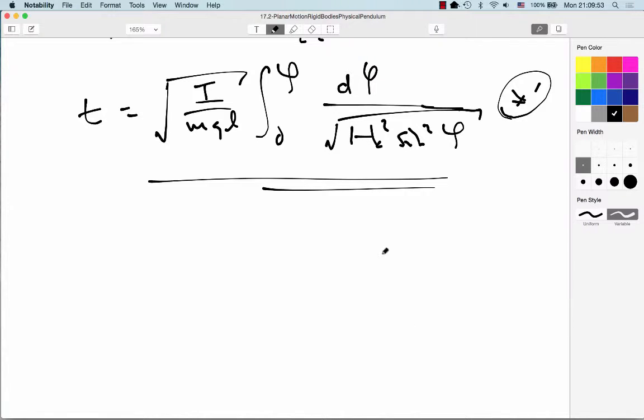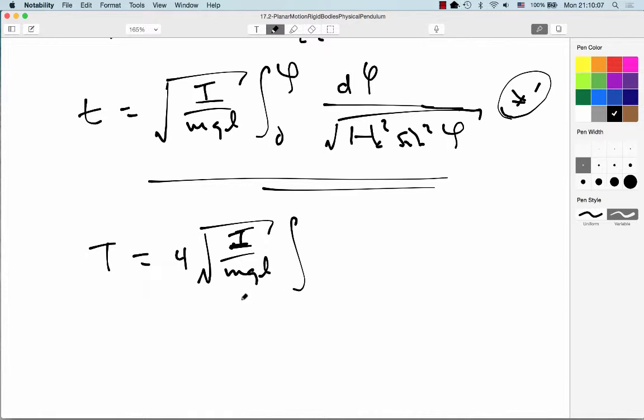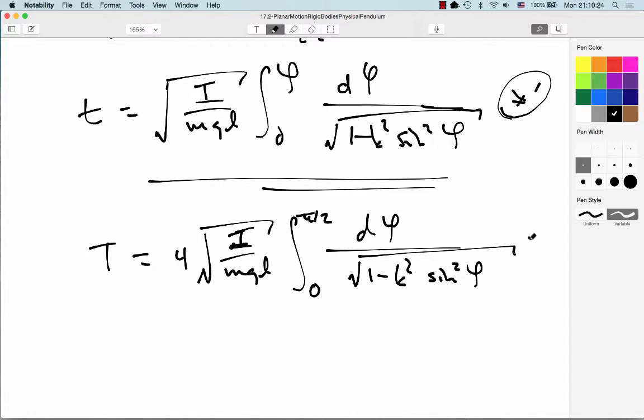And similarly, you can show that the period will be 4 times root I over mgl, and the phi in this case will work out to be pi over 2. So this will be integral 0 to pi over 2, same integrand. We'll call that double star prime.